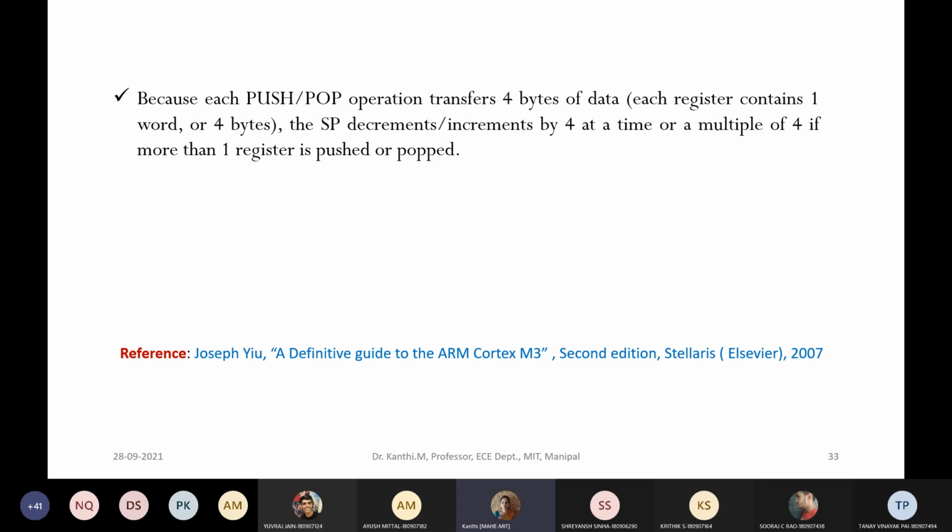Yeah, this is about the function of the push and pop operations in the ARM Cortex processor. I'm not going to spend more time on the Cortex. I just wanted to show what registers need to be known by the programmer, even though we are not using them, but we need to know that these special registers are used by the processor.